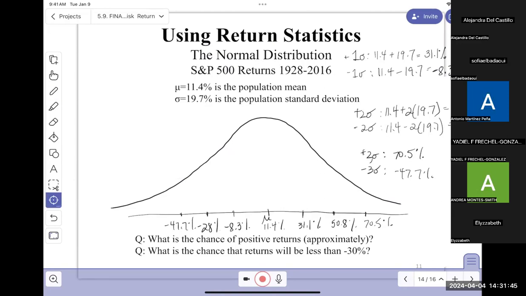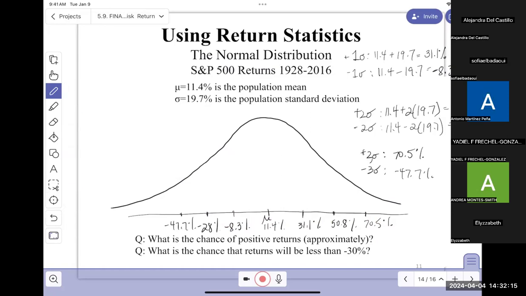Because we can assume normal distribution for S&P 500 returns, we can make some predictions or alleviate uncertainty for questions like this. What is the chance of positive returns approximately? Where are the positive returns starting? Somewhere in here, right? I don't know exactly where, but you could use a normal distribution to find it.